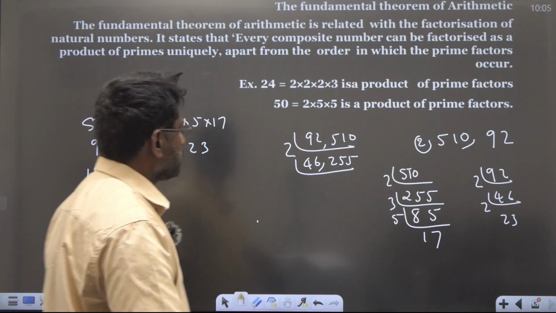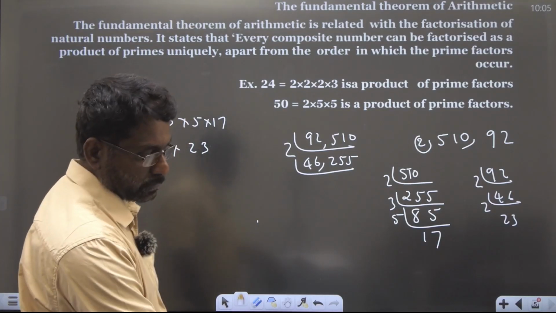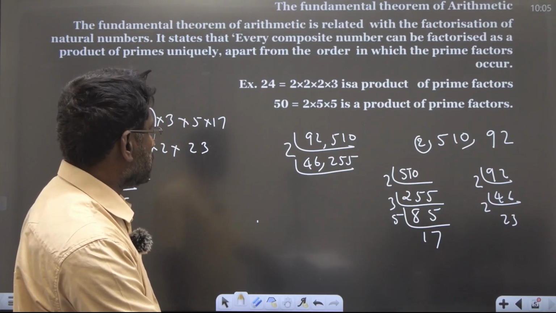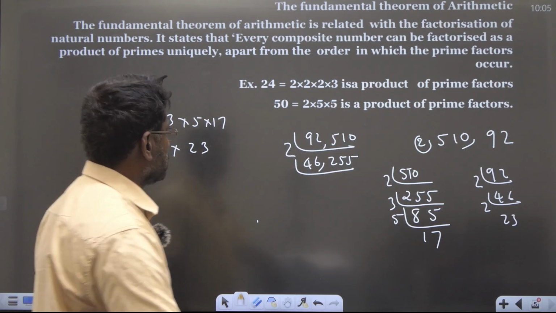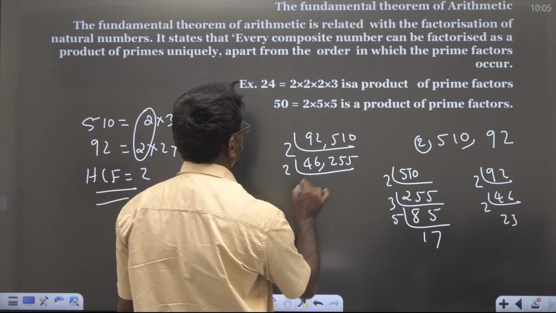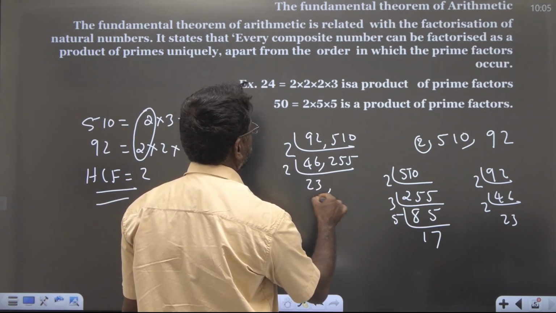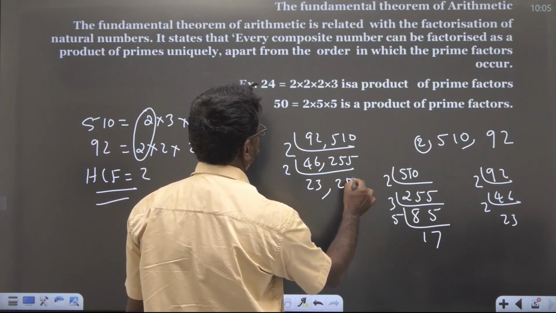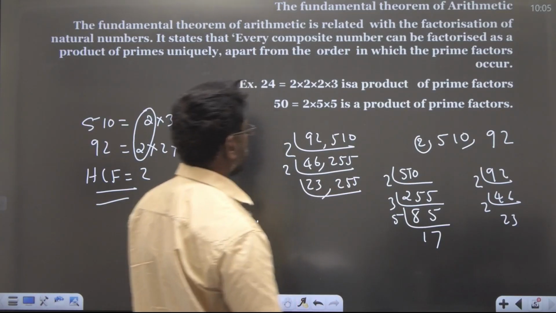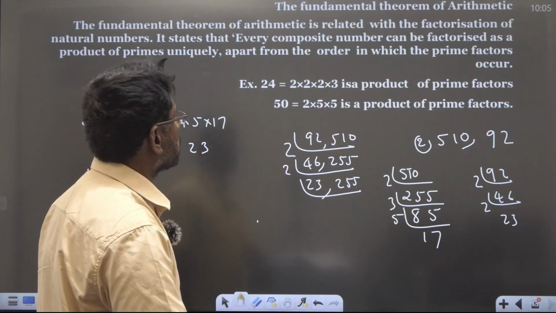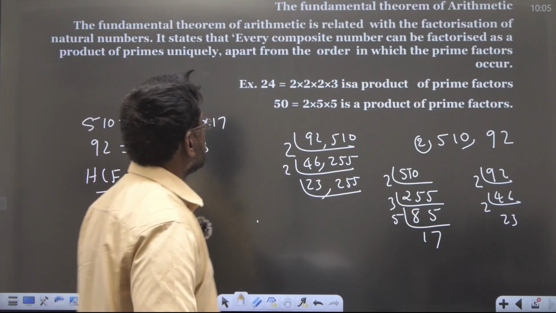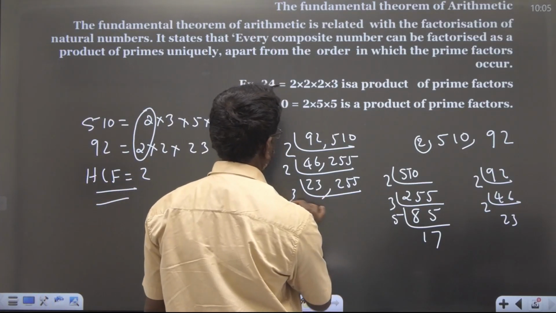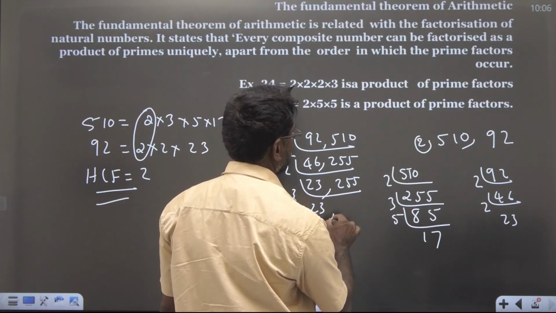Check with the next number: again 2 gives 23 and 255. Then 3 gives 23 and 85.